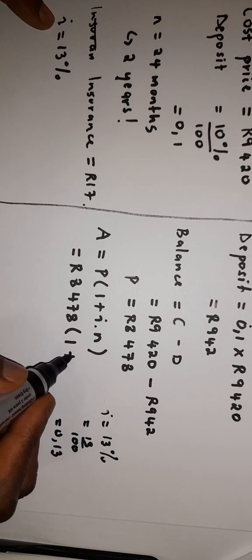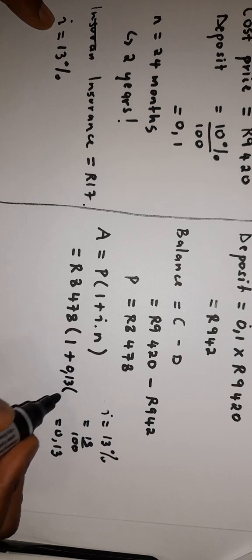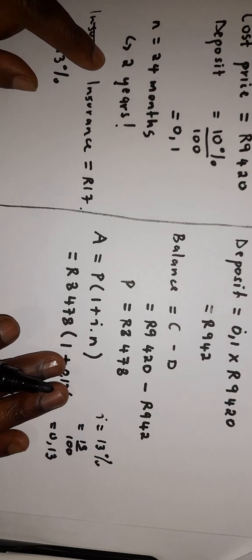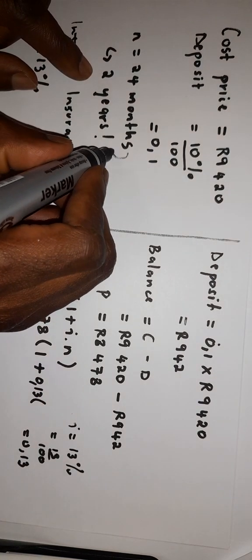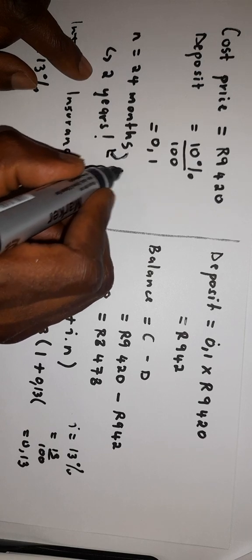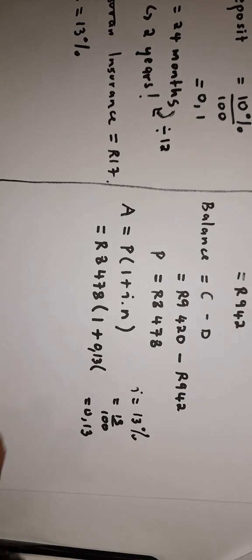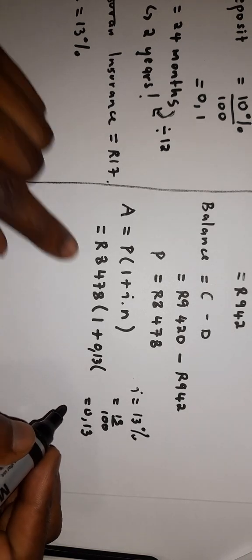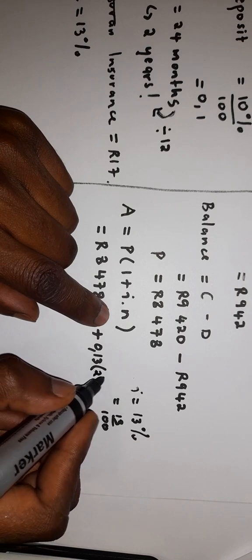Right, so we'll have this plus 0.13, then multiplied by, we have seen that 24 months is actually 2 years. And how does one get from this one to this one? You simply divide by 12 months, because there are 12 months in 1 year.